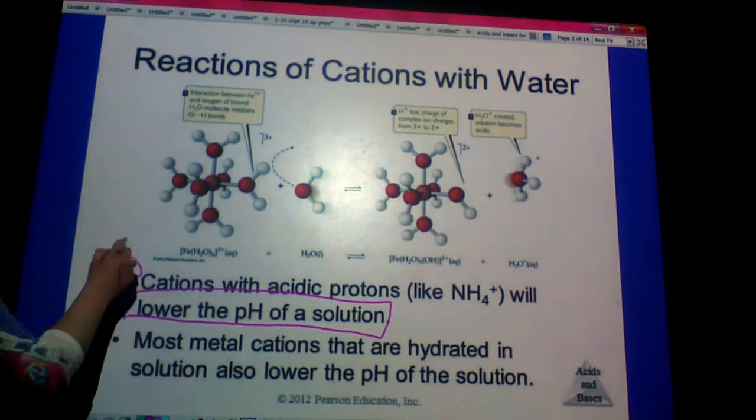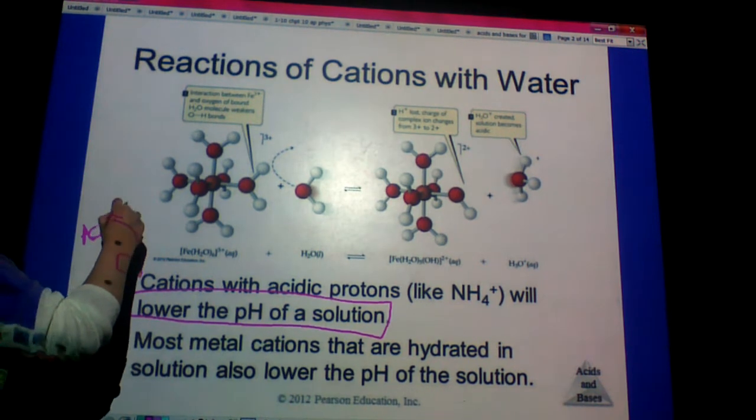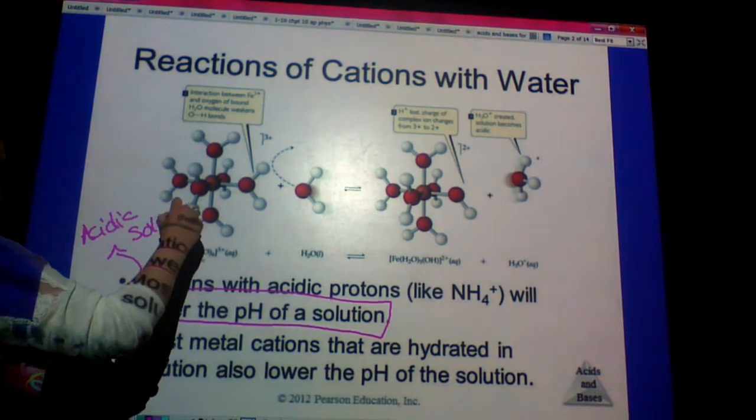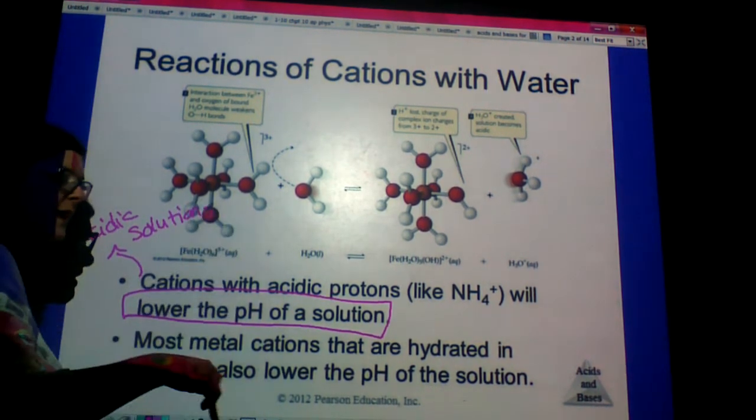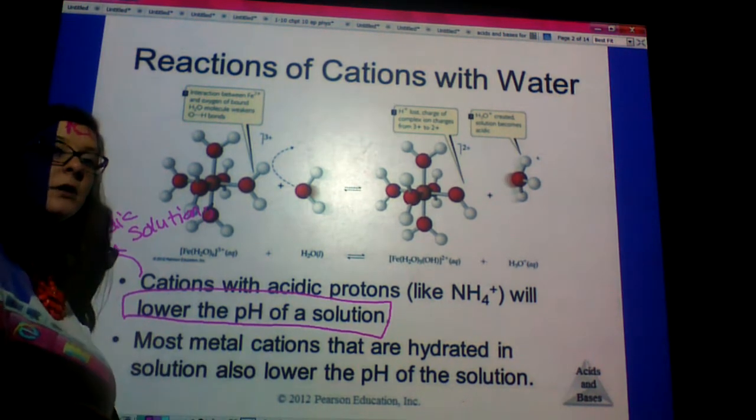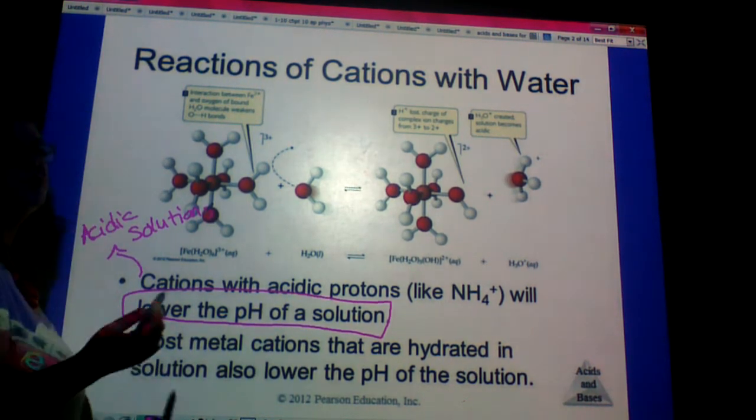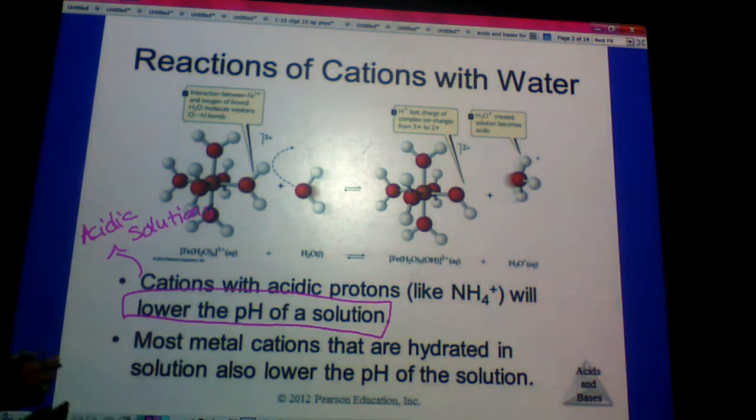So cations are going to cause more acidic solutions. And remember, if the pH is lower than 7, then that means it's acidic. But if the pH is higher than 7, that means that it's basic. So if we lower the pH, that means we're going to have an acidic solution.